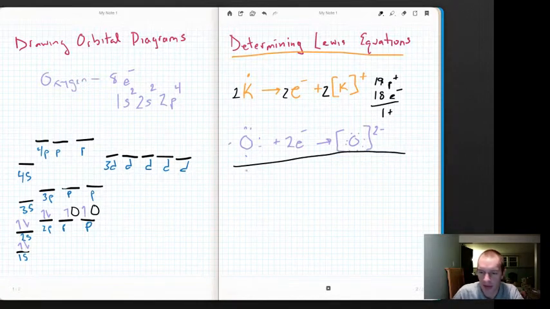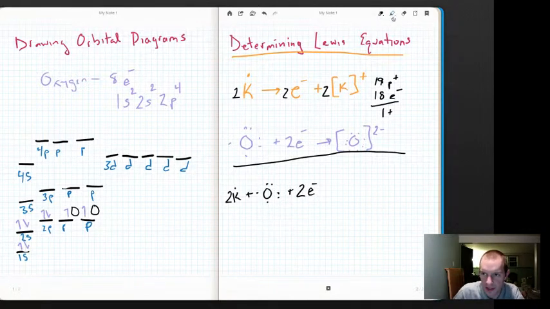So now it's just a matter of adding these lines up. What we end up with now is 2 potassiums with a dot, plus an oxygen with 6 dots, 1, 2, 3, 4, 5, 6, plus 2 electrons here.